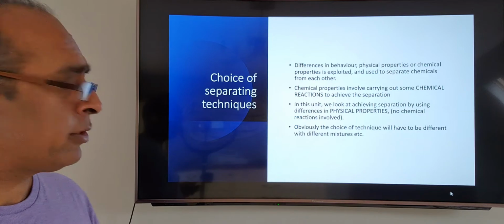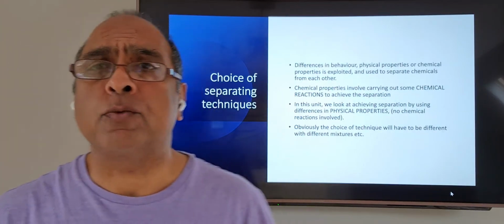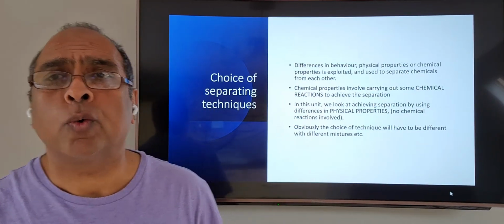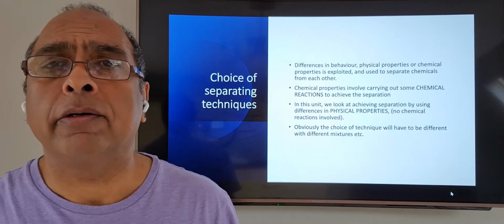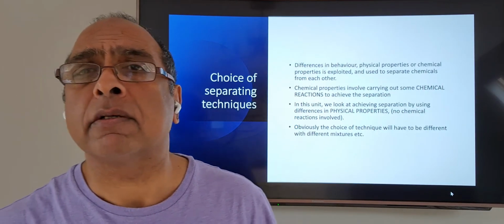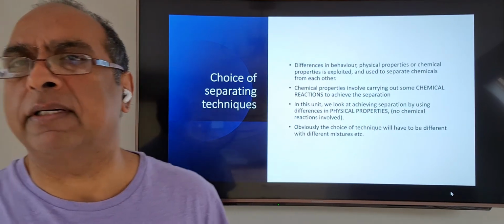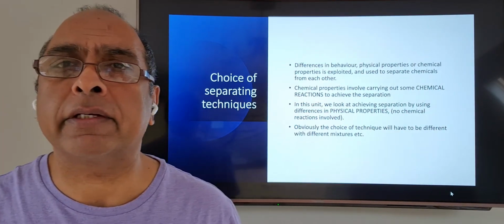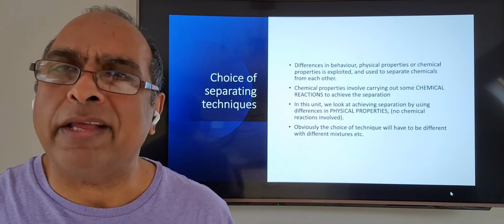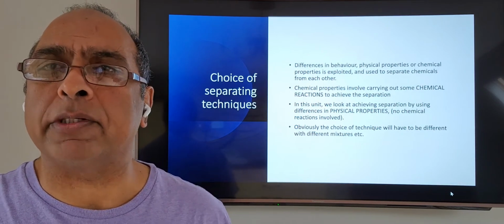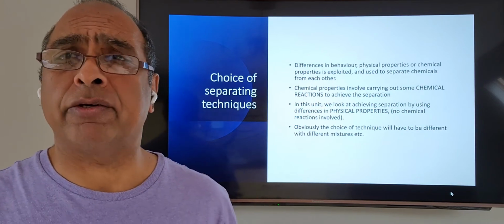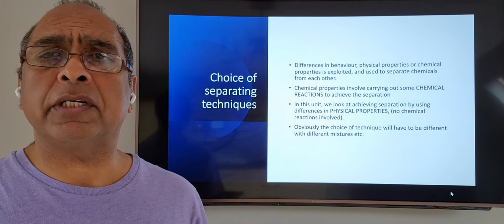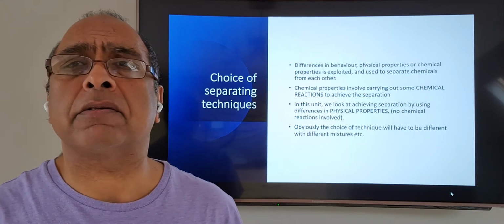So the choice of what technique to use will depend upon the physical properties like boiling points, whether it dissolves, its diffusion rate, those kind of things. And we're not in this section going to use chemical properties. Now, chemical properties are reactions, so how these things react, that's for later.